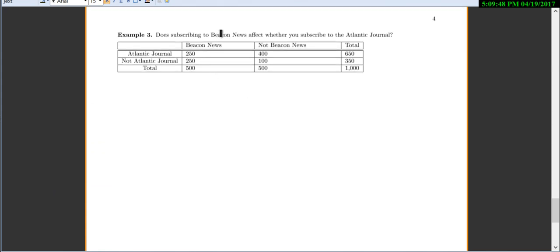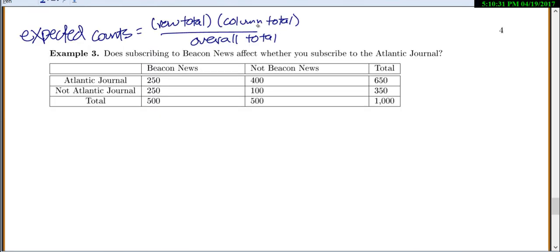So one more example, does subscribing to Beacon News affect whether you subscribe to the Atlantic Journal? So we have Beacon News and not Beacon News, Atlantic Journal and not Atlantic Journal, and we want to know if they affect each other or not. So first step is find the expected counts, which is row total times column total over overall total.